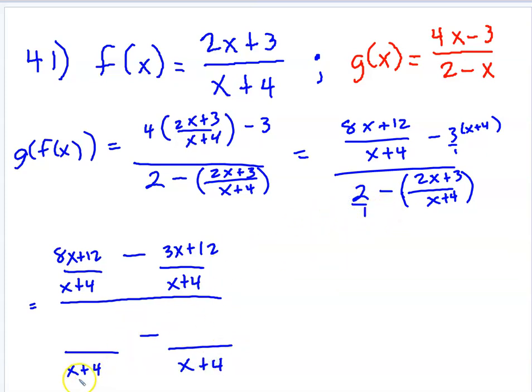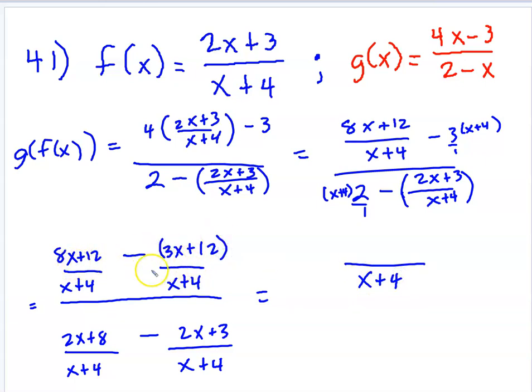So 1 goes into x plus 4 times, and then just multiply that times 2. And then this doesn't change. All right, so we got our common denominator. So combining like terms in the numerator.